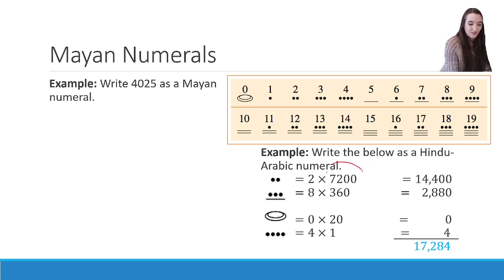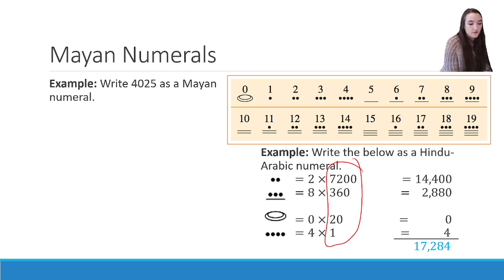But remembering the positions for this one is more difficult because they don't fit as nice a pattern as just 60 to a power, right? So going in the opposite direction is going to be the same process as before, but again, we have to take note of these weird positional values.